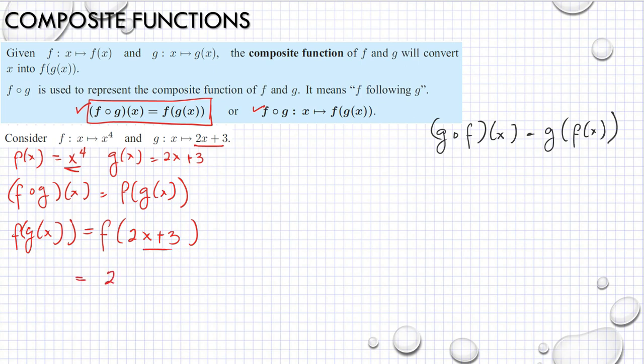So this is our x now, the whole thing: 2x plus 3 raised to 4. That's now the composite function of f and g.